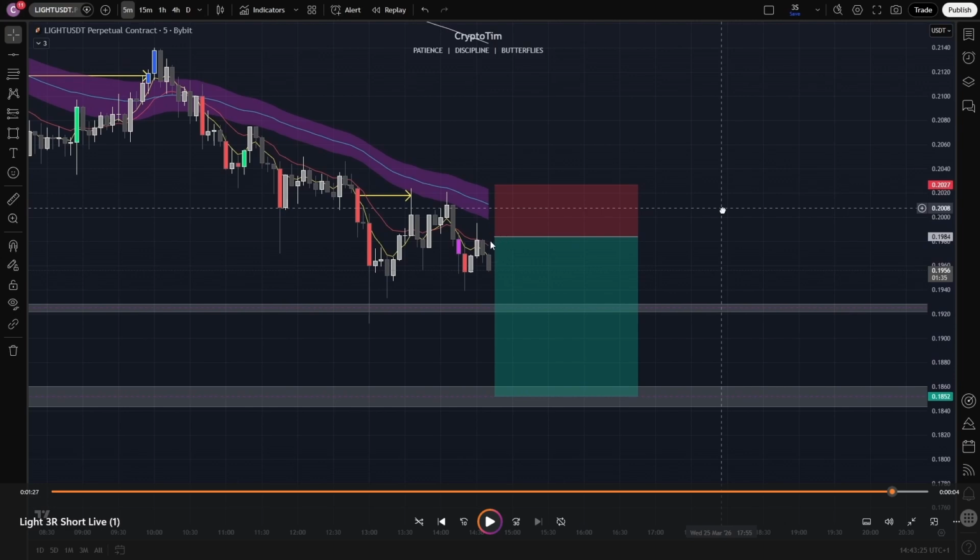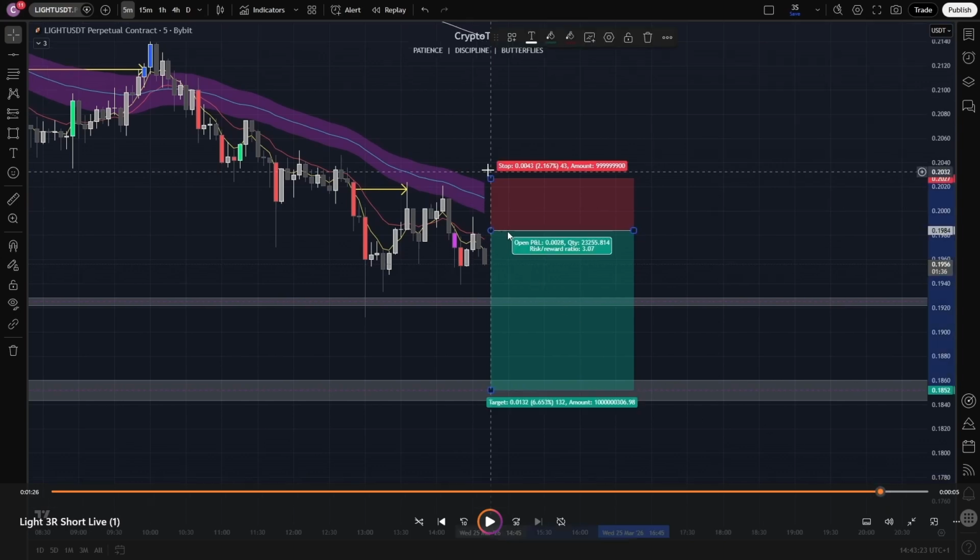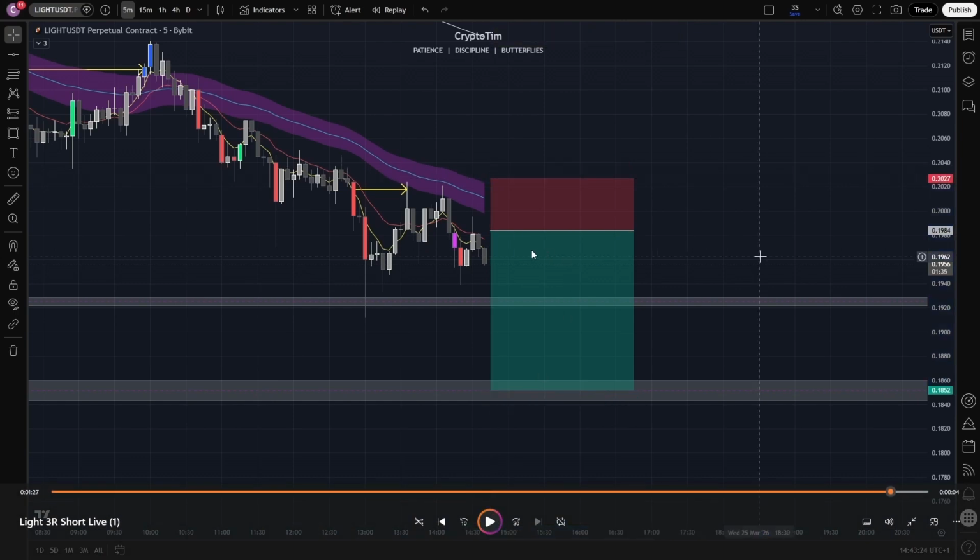It's not placed on a specific position, but it's placed so that we got a nice 3R setup based off our TP and our stop loss, in the hope that we get somewhat of a small move back up. Doesn't have to break this high necessarily, just a small move back up to then continue to move down.